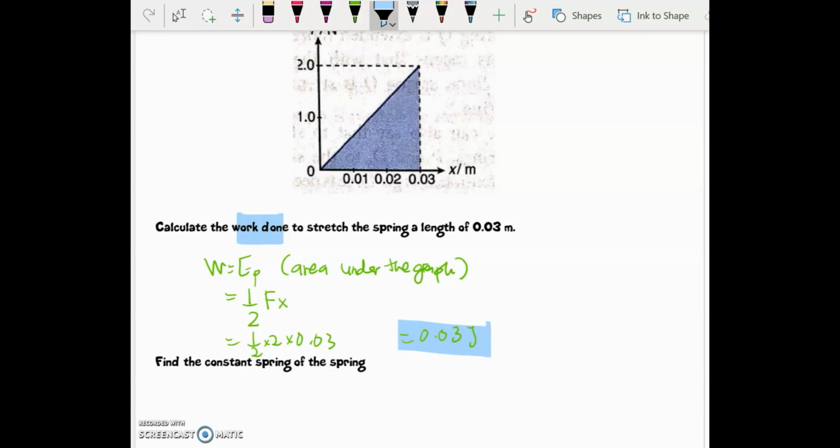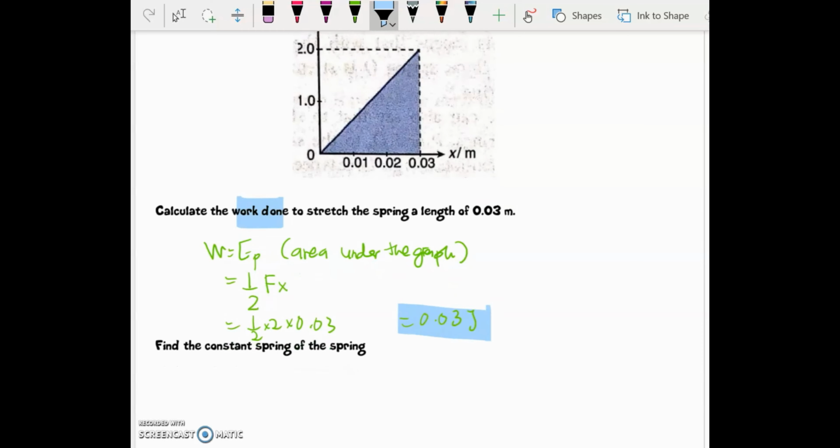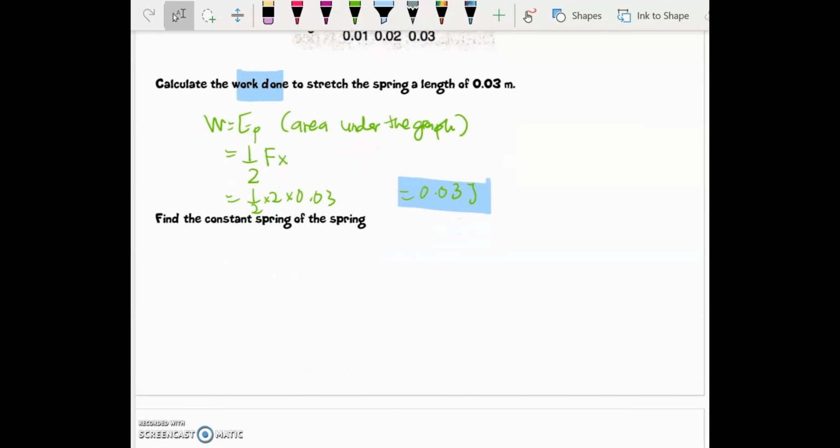So the next question, find the spring constant of the spring, which can be found by calculating the gradient of the graph. To calculate the spring constant, we can simply use formula F equals Kx, or you can use the formula EP equals half Kx squared.